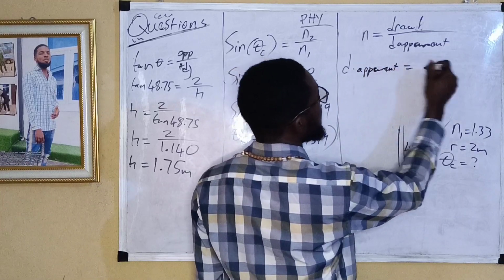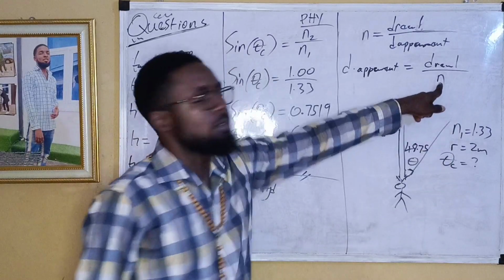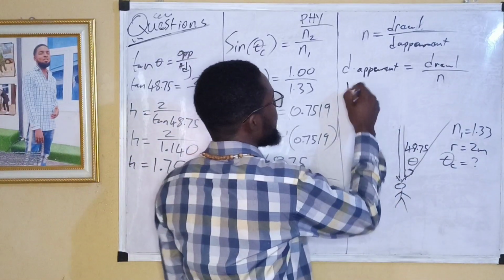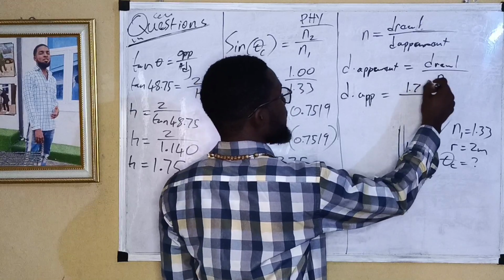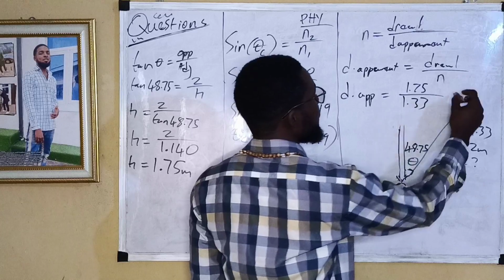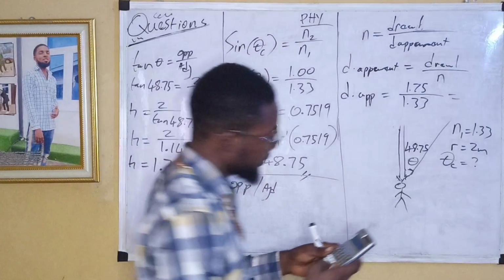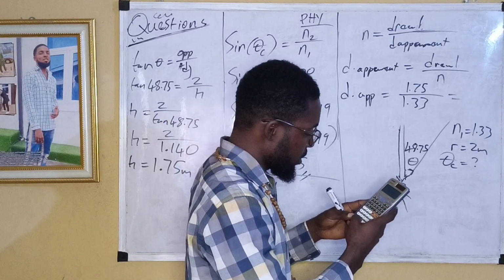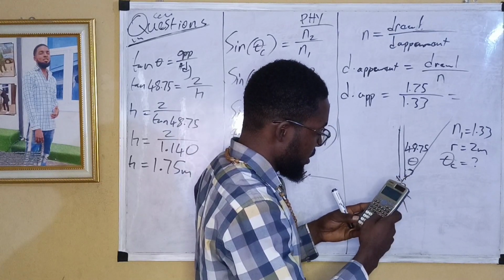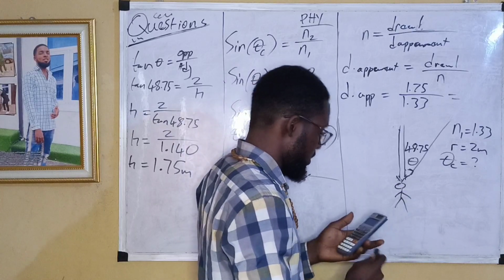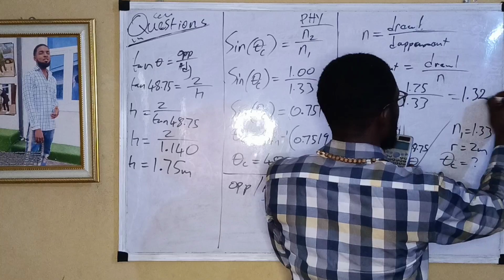Make the apparent depth the subject: the apparent depth is equal to the real depth over the refractive index of water. The real depth is 1.75 over 1.33. So the apparent depth is 1.75 divided by 1.33, approximately 1.32 meters.